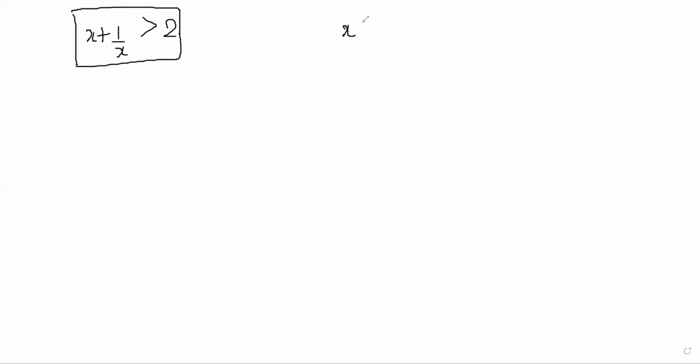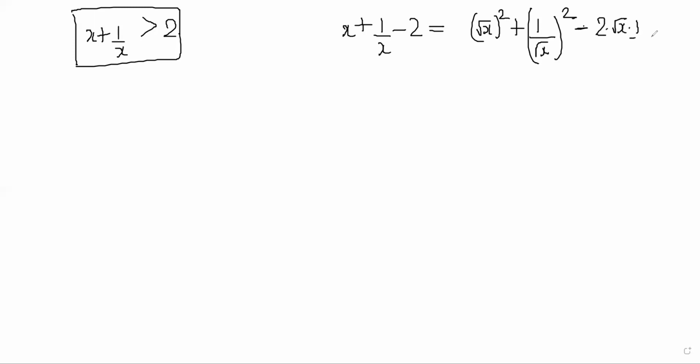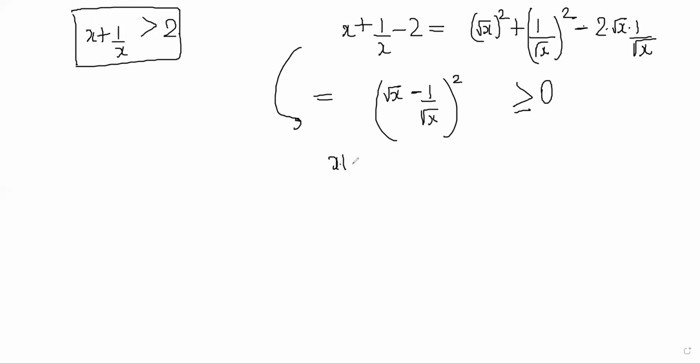Why? Because x plus 1 by x minus 2 is equal to root x whole square plus 1 by root x whole square minus 2 into root x into 1 by root x, right? Yes, sir. So this is (root x minus 1 by root x) whole square. So that must be greater than or equal to 0, right? Yes, sir. So therefore, it implies that x plus 1 by x must be greater than or equal to 2.